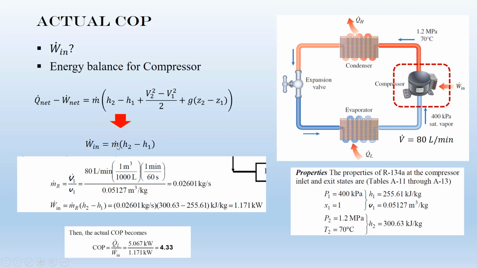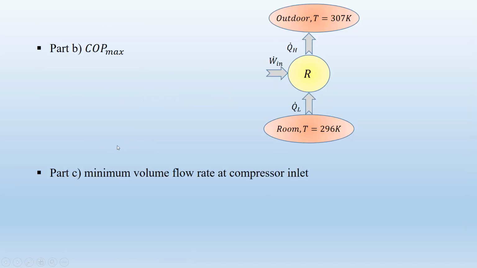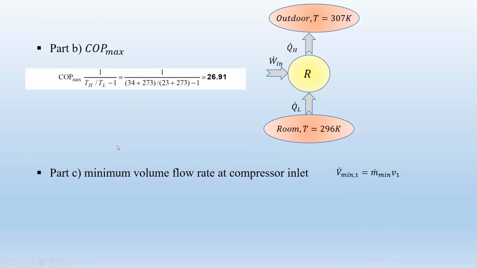To calculate the minimum volumetric flow rate at the inlet, you need to calculate the minimum mass flow rate. If you multiply this minimum mass flow rate by the specific volume, you can calculate the minimum volumetric flow rate.